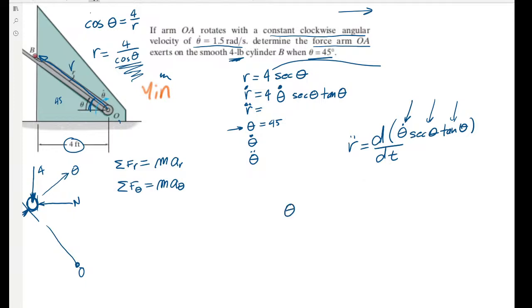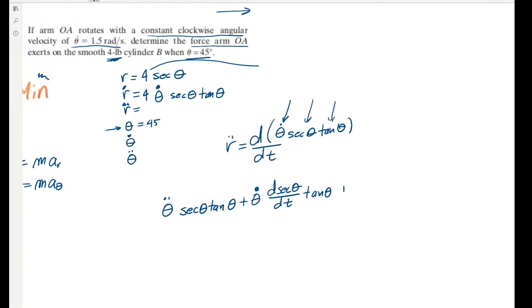So the first term, I'm going to have this. The second term, I'm going to have this, but we have to remember, it's still with respect to time. And then the third term, I'm going to have this.